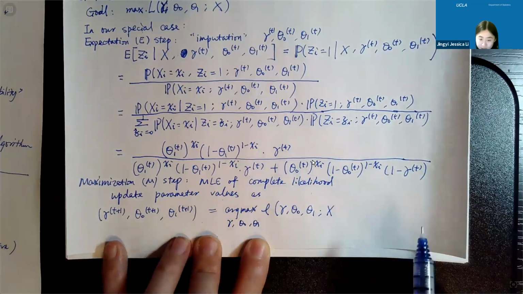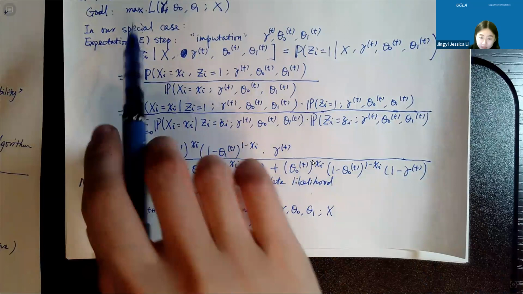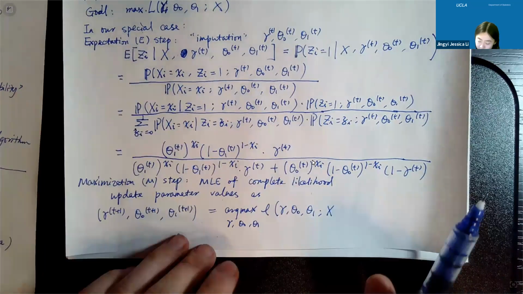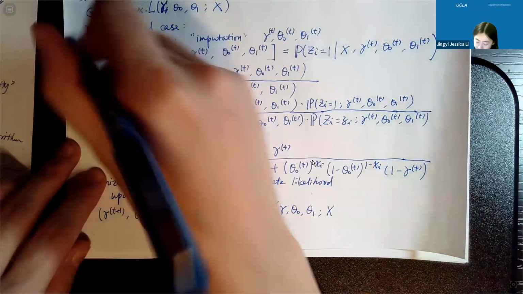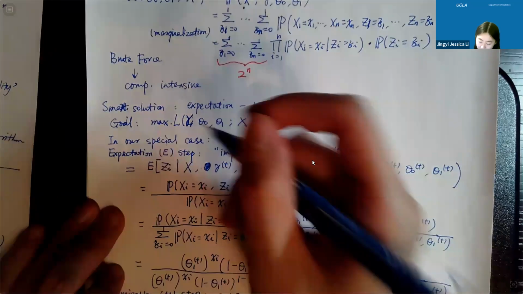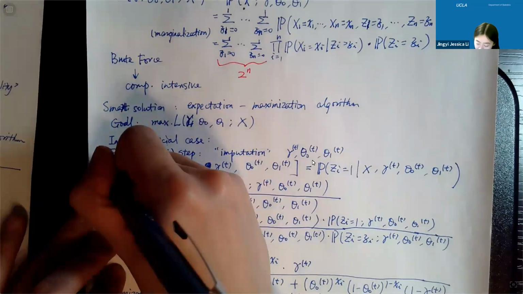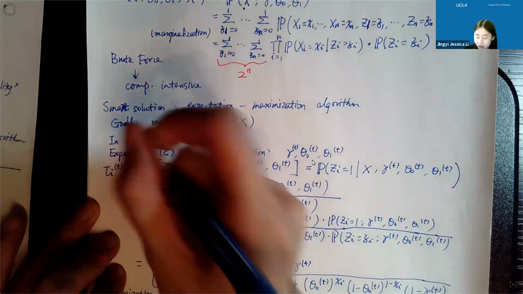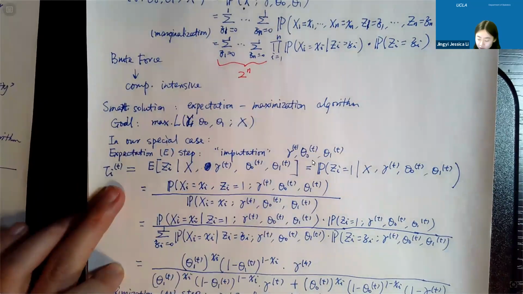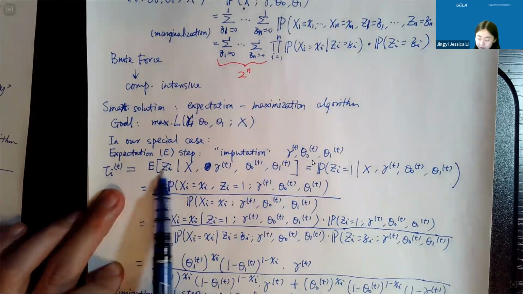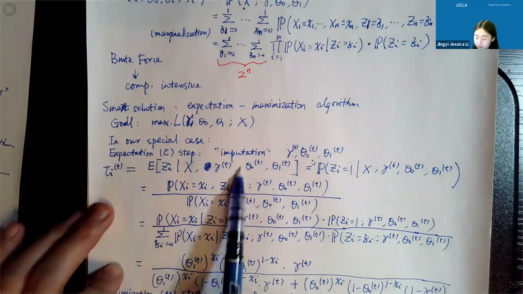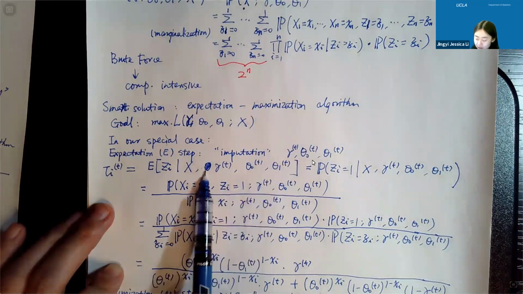And also, I'm going to give this a notation. I will call this tau it. Tau it is the expectation of zi in the tth iteration, given the current parameter values in the tth iteration.